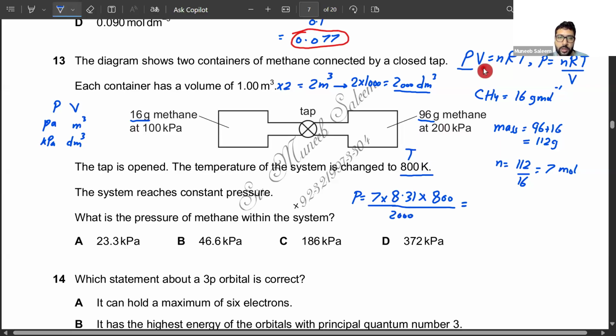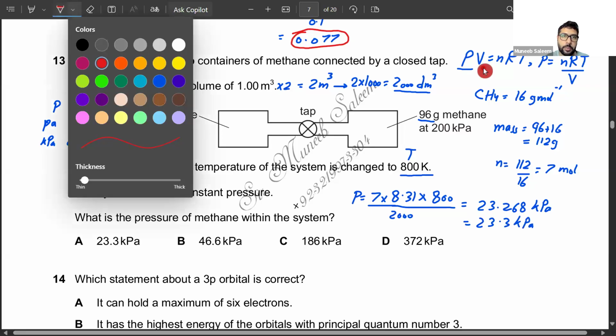So when you do the calculation, you get the answer equivalent to 23.268 kilopascal, which is equivalent to 23.3. So that's why the correct option becomes option A.